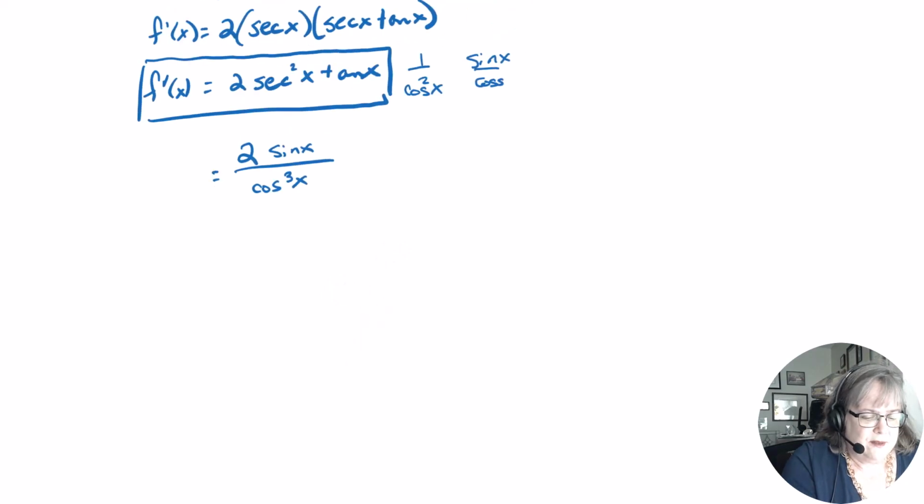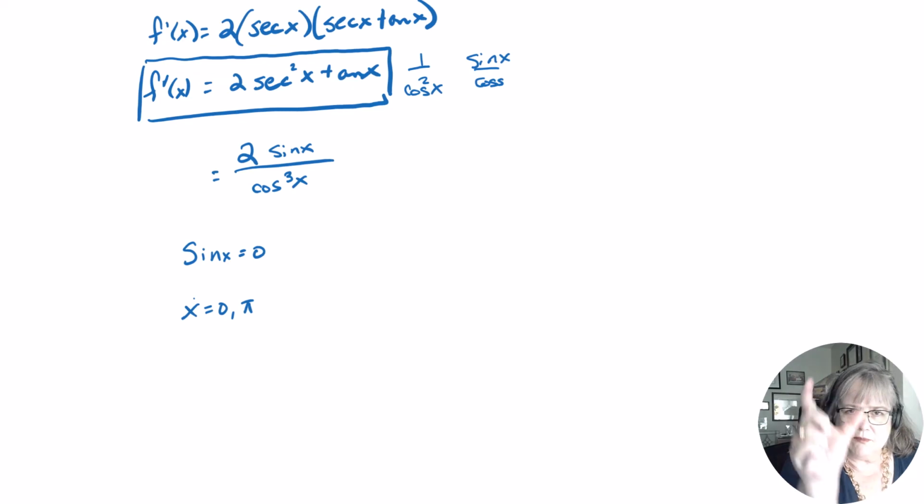All right. So where is the numerator equal to 0? Well, sine's equal to 0 at 0 and pi, and then it repeats every pi, right? So it's actually 0 plus n pi or k pi, however you want to say it, it repeats. But for our little slice, it would be 0 to pi.